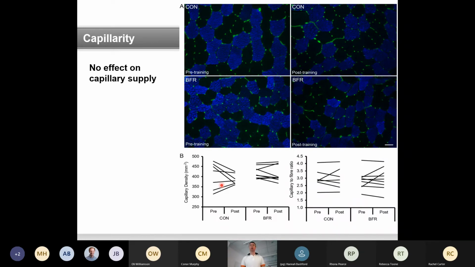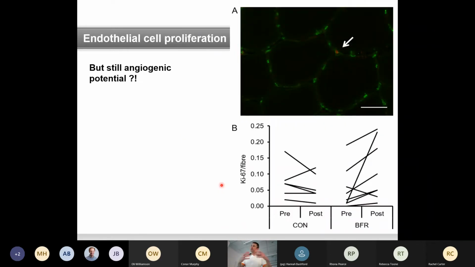But what Emma did was interrogate that question a little bit more, with a marker of what we would call endothelial cell proliferation. So this is a cellular marker of endothelial cell proliferation. We demonstrated a fairly robust increase in it.